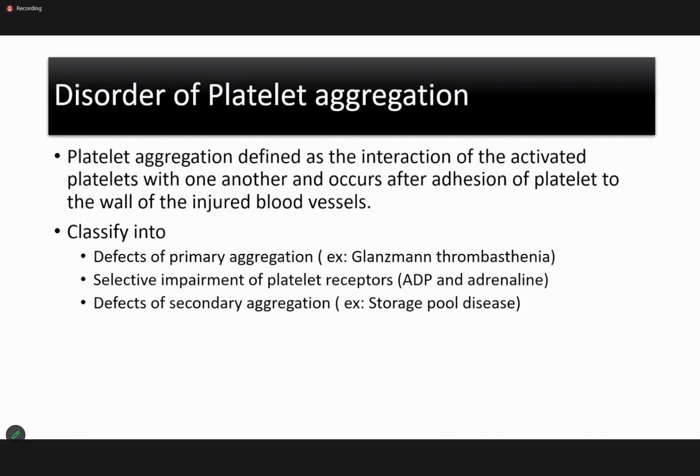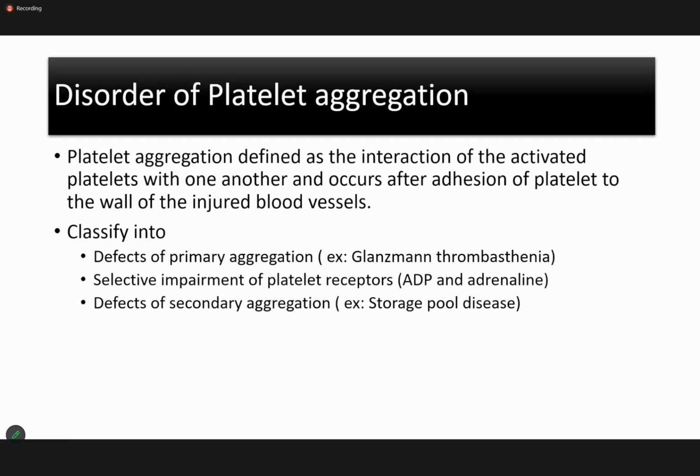As you all know, platelet aggregation is basically defined as the interaction of the activated platelets with one another, and occurs after the adhesion of platelets to the wall of the injured blood vessels, after the activation of the platelet and release production.